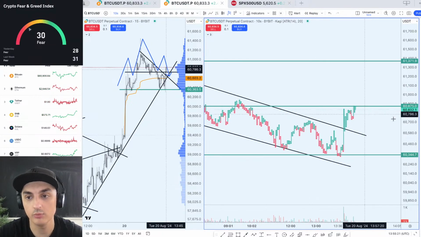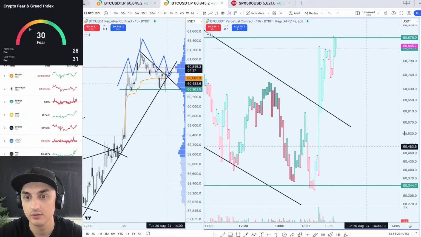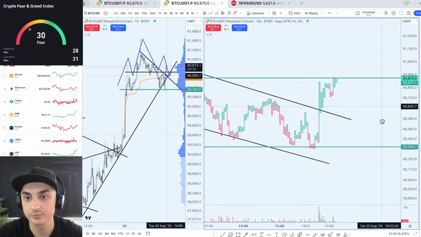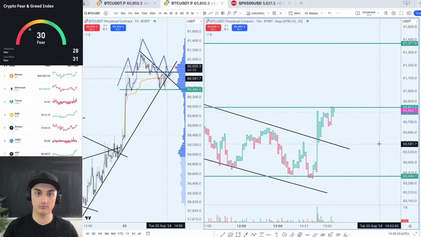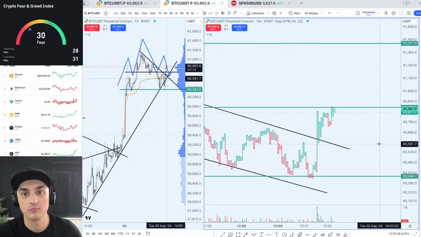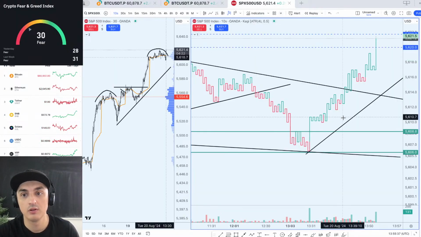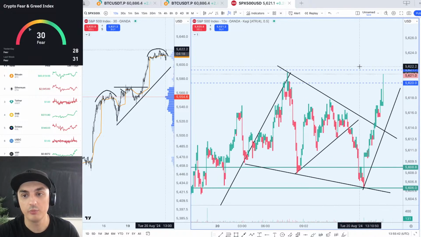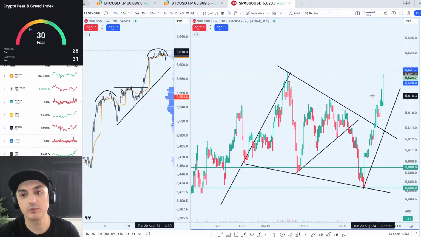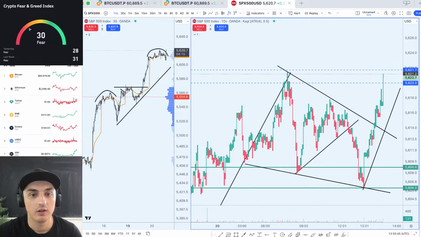It's kind of slow, but it's trying to break through. S&P is just ripping, so it's just going to the upside. We broke through 5,620 and going to the upside.